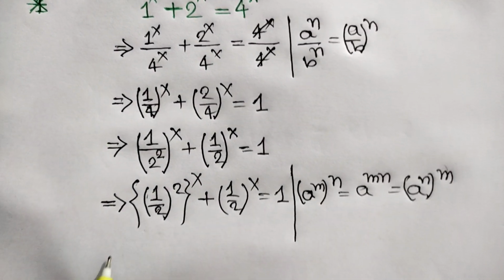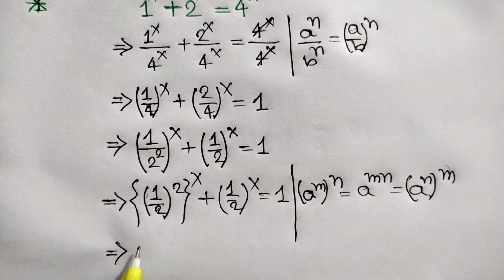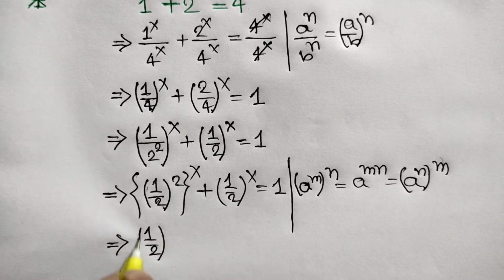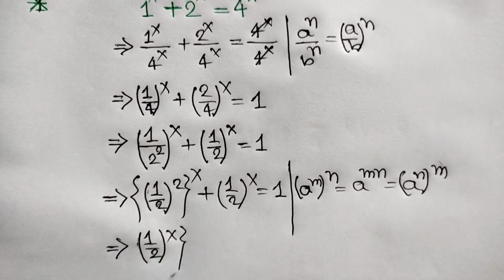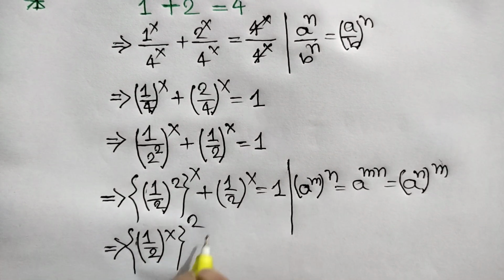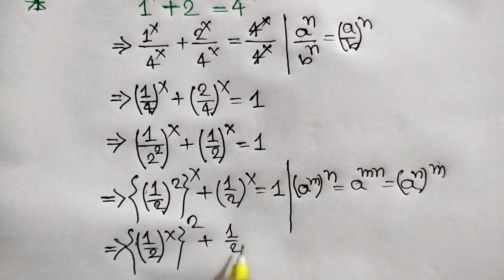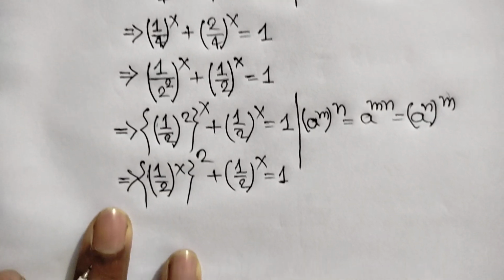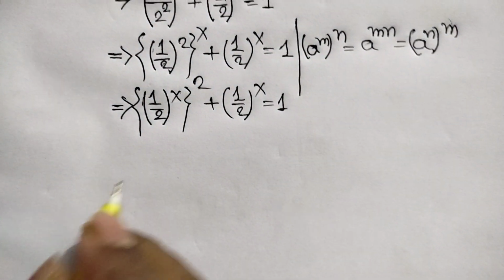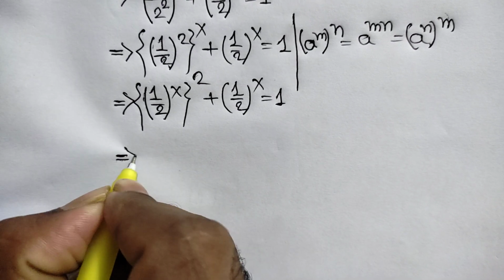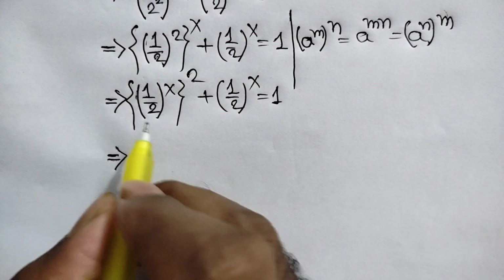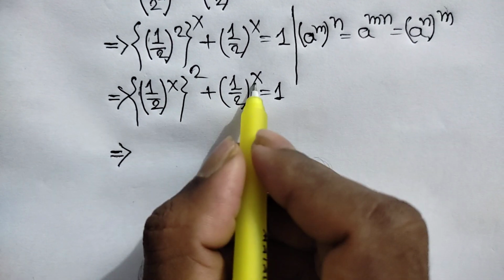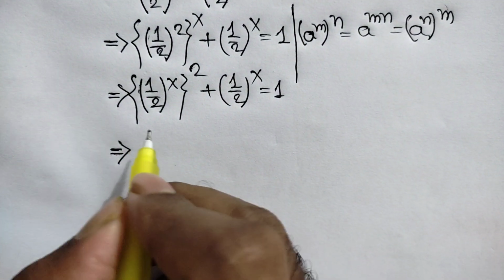Applying this formula, here we can write 1 over 2 power x whole power 2 plus 1 over 2 power x is equal to 1. Now we see that both terms, 1 over 2 power x, are the same.